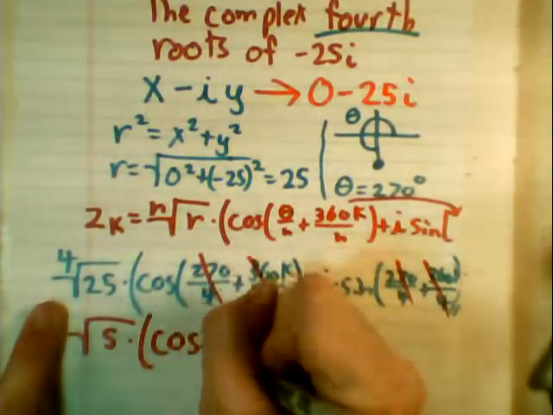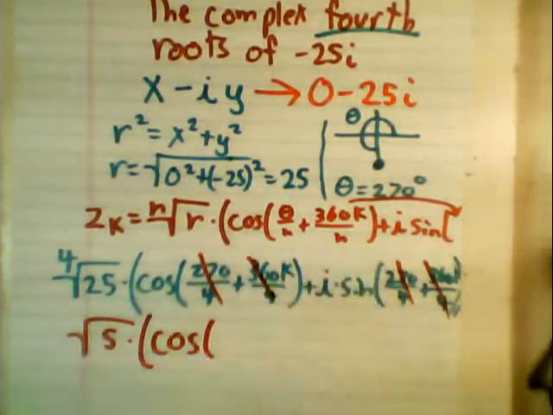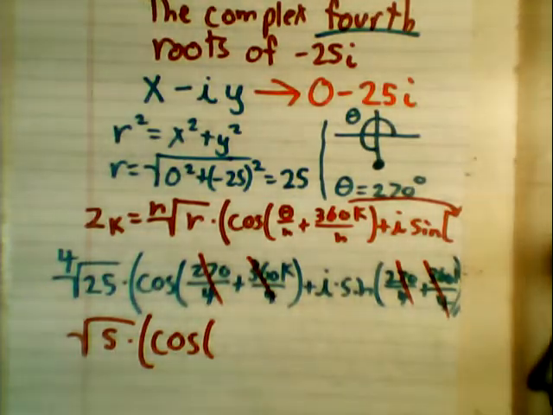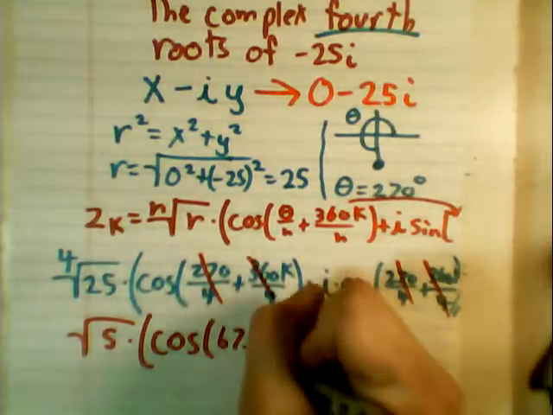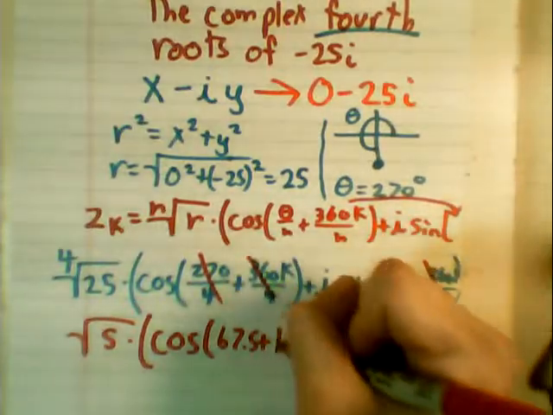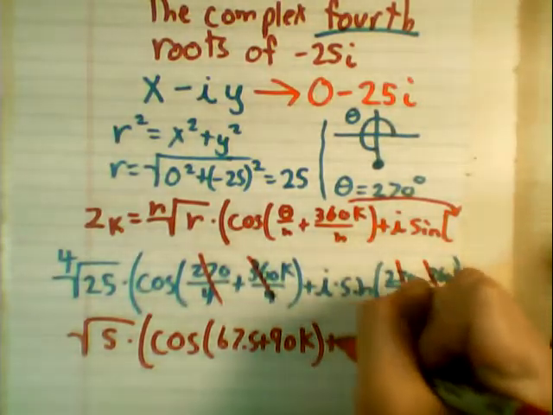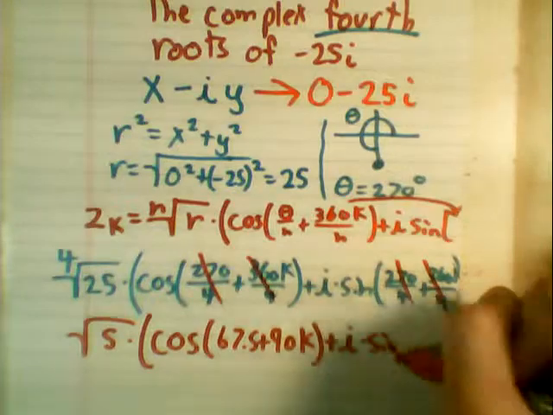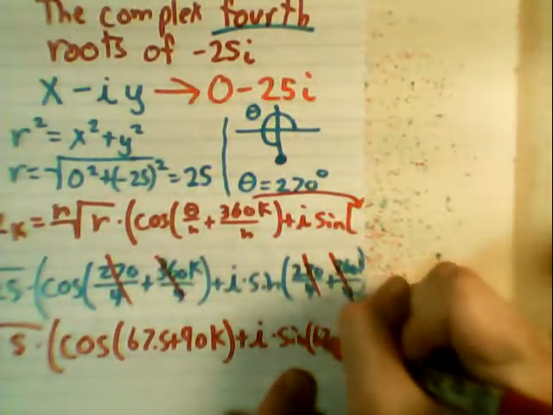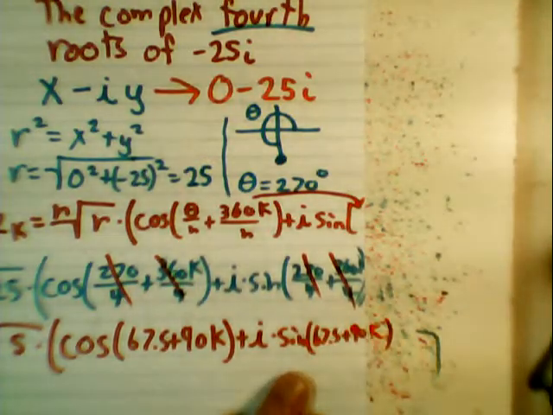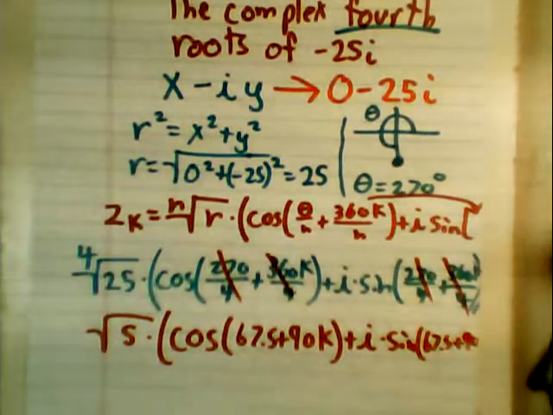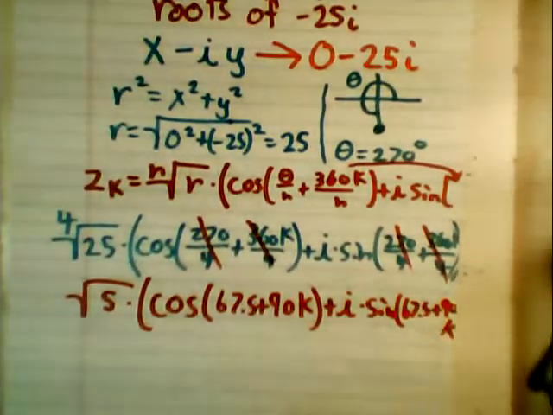So we have cos of 135 over 2, or I think it actually wants you to put it into decimal, so that's equivalent to 67.5, plus 90k, plus i times sine of exactly the same thing. Okay, I keep running out of room, but that's the gist of it.